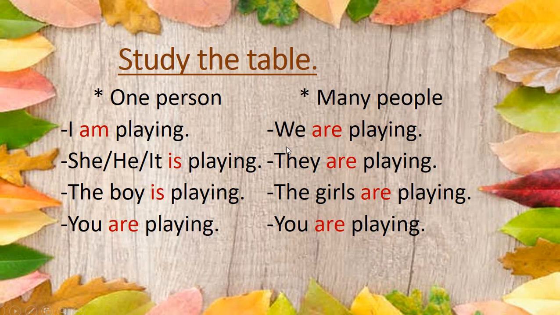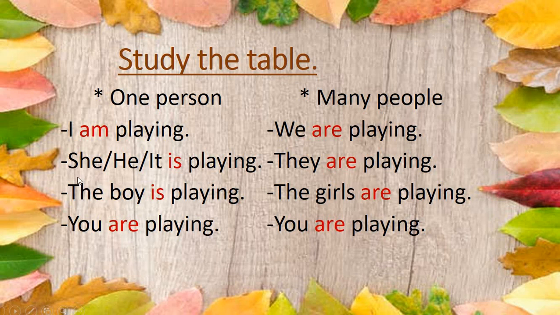See, I will read the sentence. We are playing. I am playing, but if I am playing with my friends, then there are many people, so we can tell that we are playing. I am playing means I am talking about myself only.